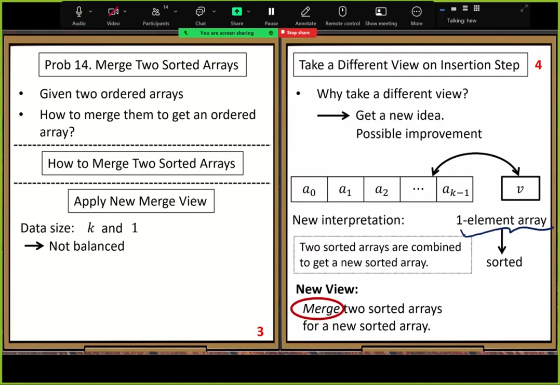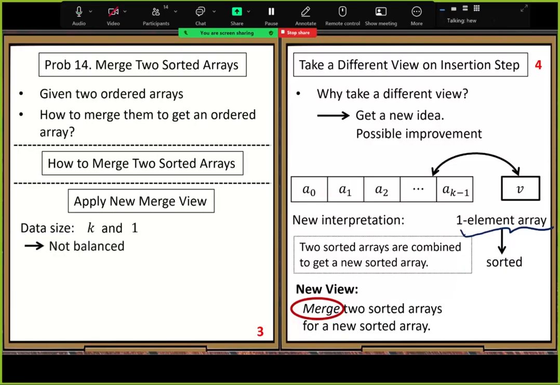Then it's a balanced distribution. When we have a chance to distribute the data, if we distribute it in a balanced way, then we will get the best efficiency. That's what we call the balancing principle.